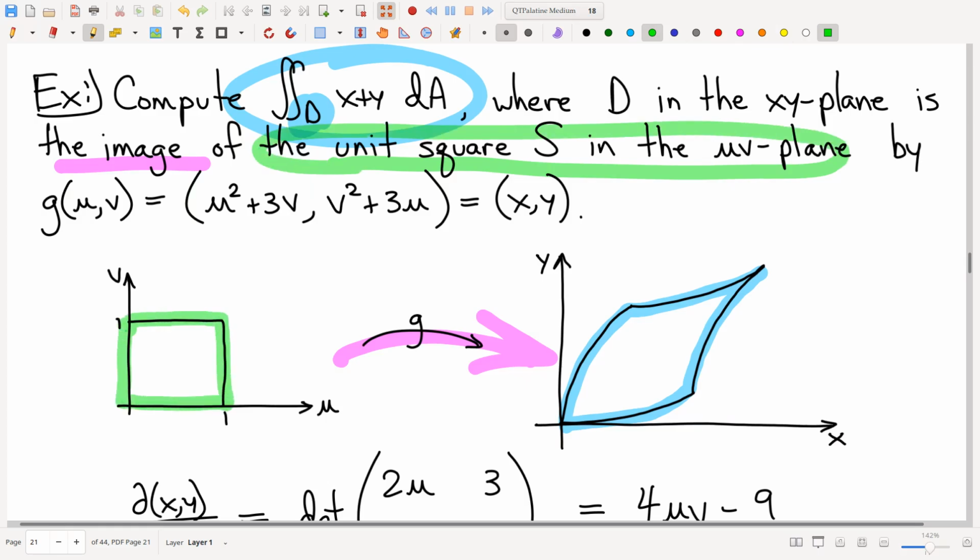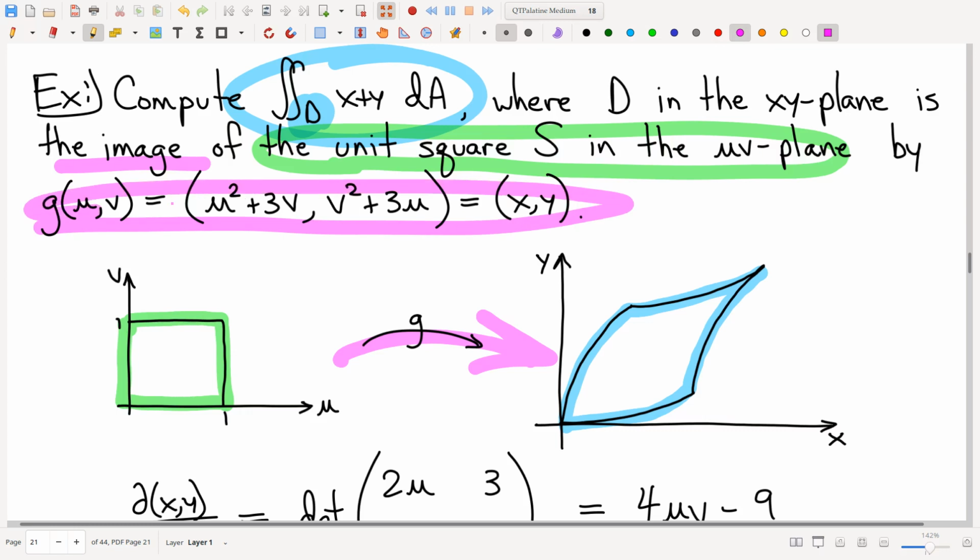So this is the setup of the question. Notice, by the way I phrased this, it sounds like I'm only giving you the domain D, and then some awkward description of it. But if you interpret this a little differently, I'm telling you the domain D, and I'm telling you the change of variables function G, there it is, right there.